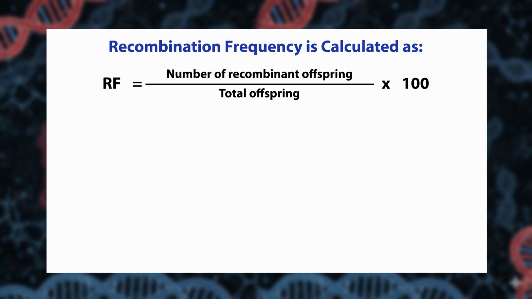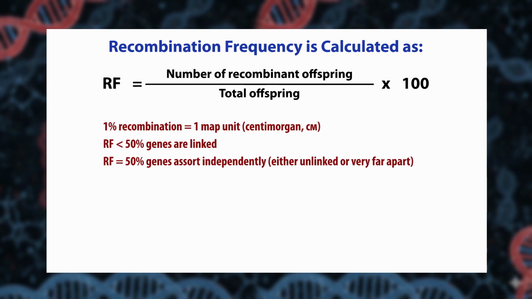Recombination frequency is calculated as number of recombinant offsprings by total number of offsprings into 100. 1% recombination is 1 map unit. RF less than 50% means genes are linked. RF equals 50% means genes assort independently, either unlinked or very far apart.